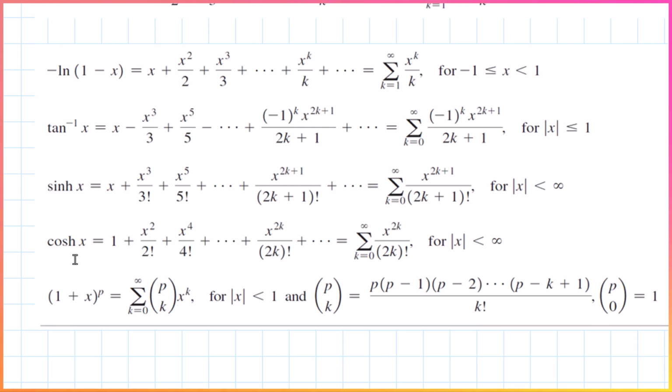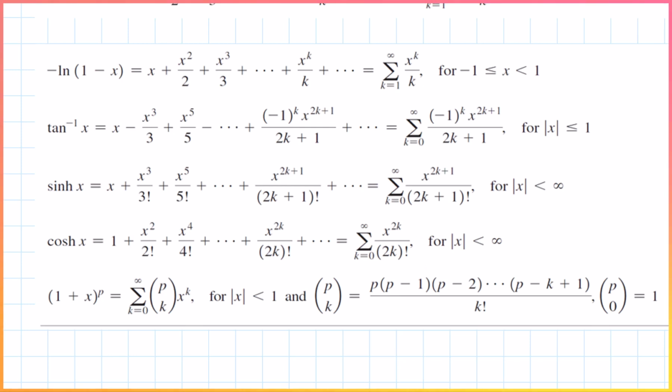Sometimes you'll see sinh and cosh in the homework, but I will not expect you to have these memorized or to use these on any in-class, in-person exam. So I just wanted to mention that those two are included in the textbook, and you might see those in homework, and you can always use this reference table anytime you need to.